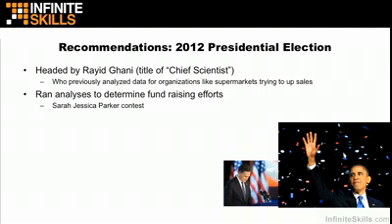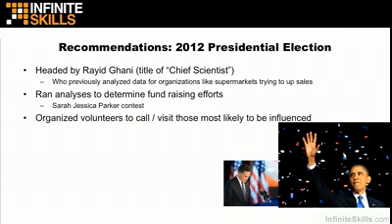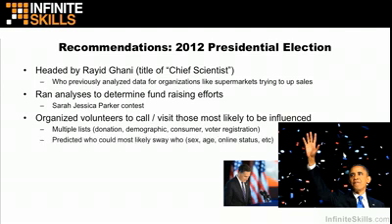For example, they ran a Sarah Jessica Parker contest when they realized that a lot of folks liked the actress and liked Obama, the winner of who got to have dinner with Sarah Jessica Parker. They also organized volunteers to call and visit those most likely to be influenced to vote for Obama. They merged multiple lists such as donation, demographic, consumer, and voter registration, and they predicted who would most likely sway who based on the age, the sex, the online status, and so forth of the person calling. They also estimate that their ad buying was 14% more efficient than the Romney campaign.